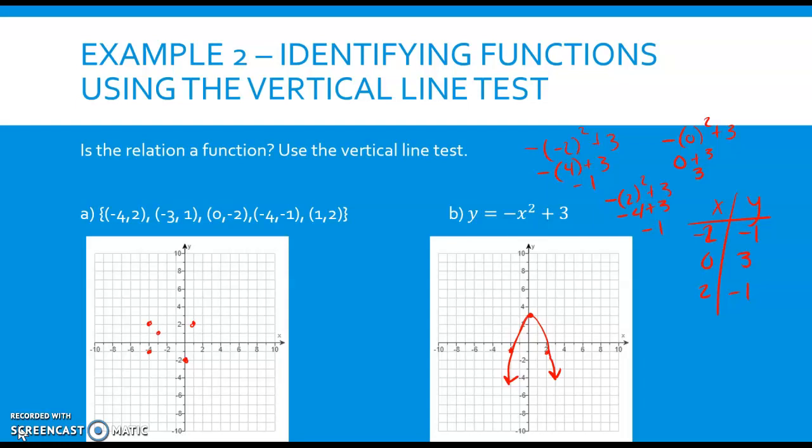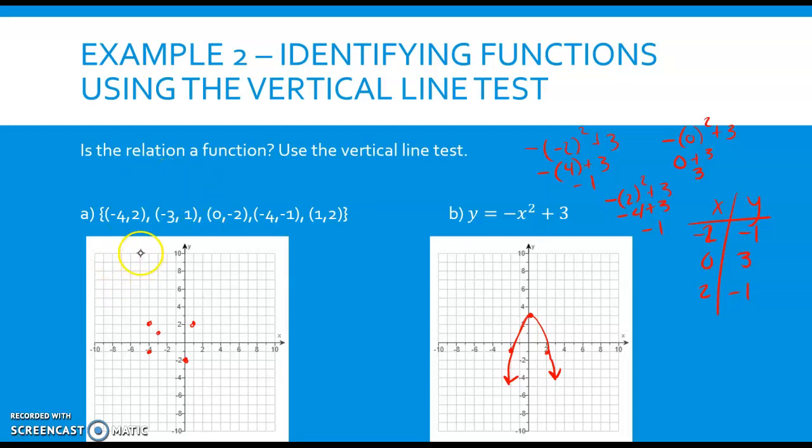So now it wants to know whether it is a function or not using the vertical line test. Now, the vertical line test is just a way to check visually if we have multiple y values with the same x value.